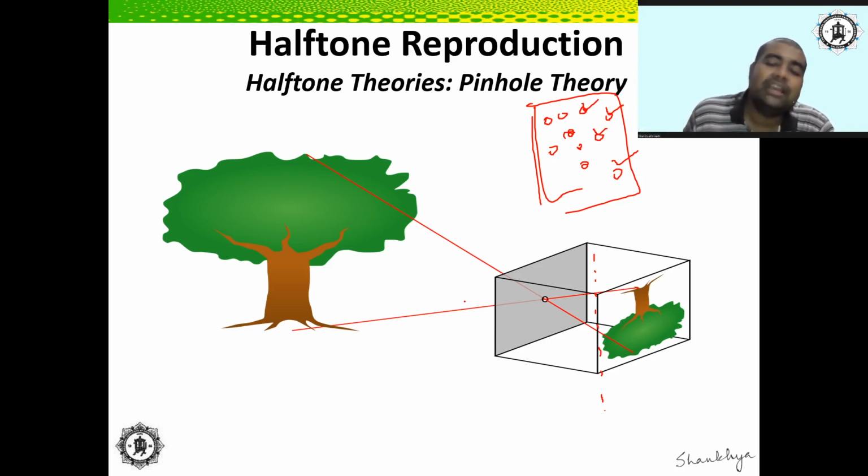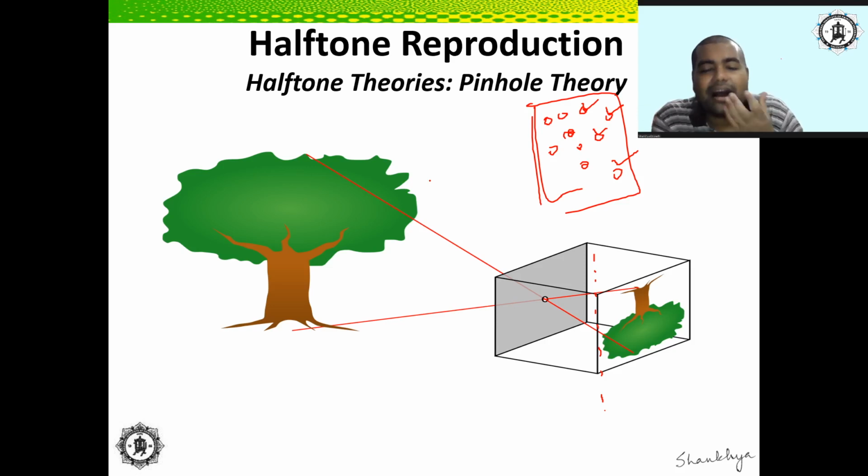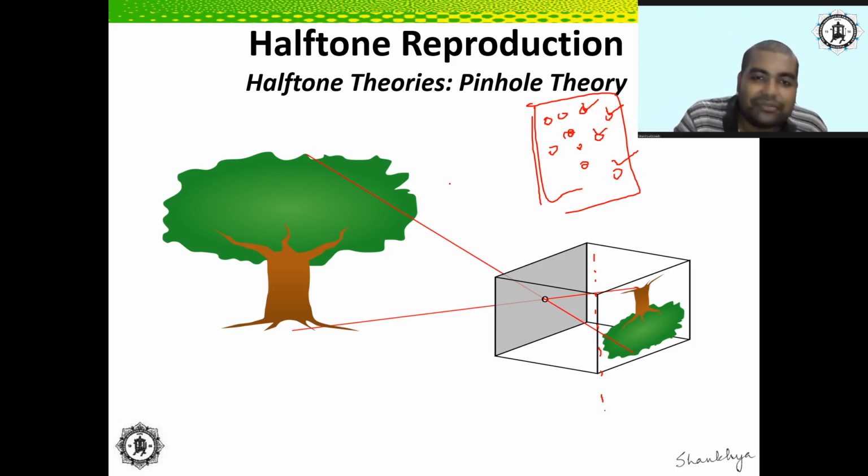Halftone images are made up of innumerable halftone dots, so there are specific points. These points within the image, which actually make up the entire image, are images of the lens aperture itself. This is stated by pinhole theory.